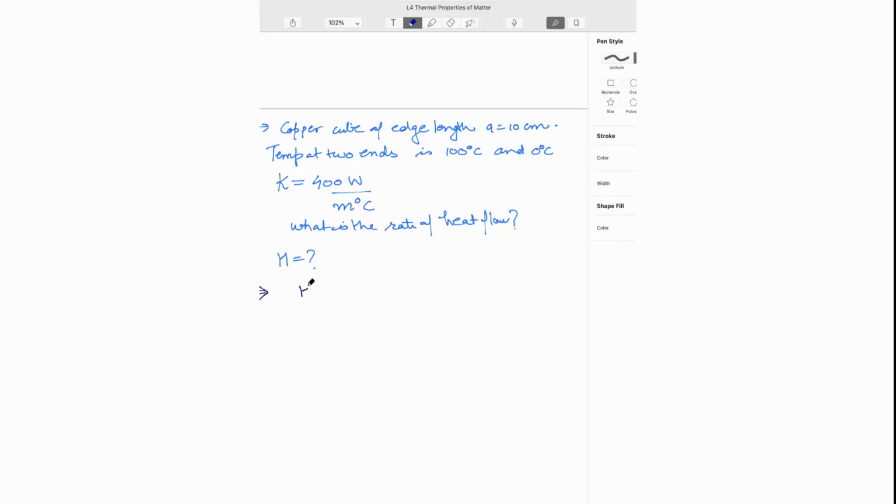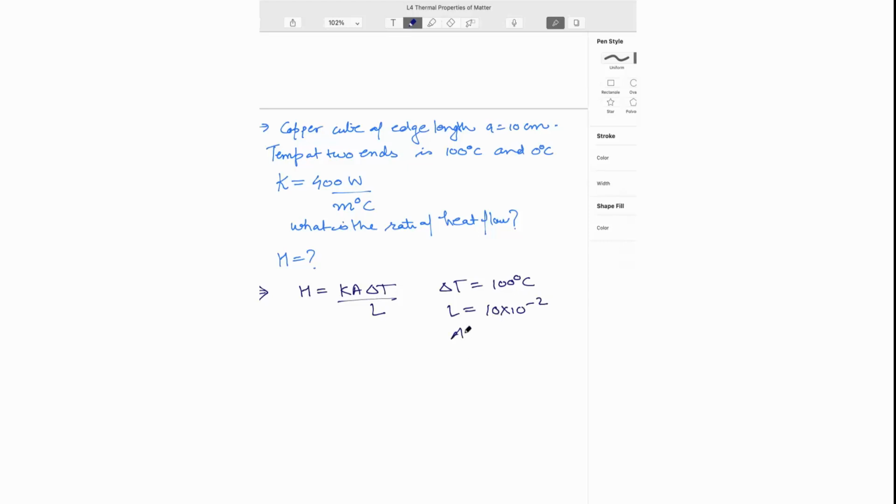So H is, we know that K A delta T by L. That's the one dimension. We know delta T is 100 degree centigrade. L is the H length, that is 10 centimeter, so 10 into 10 to the power minus 2.